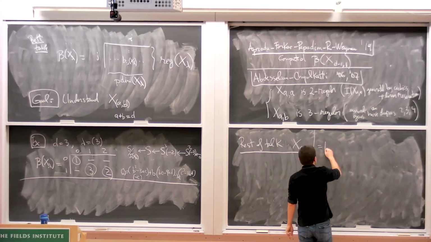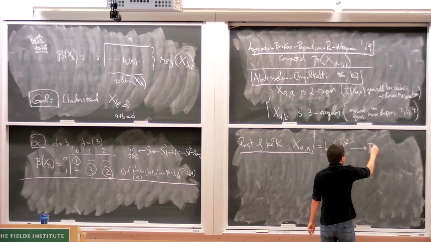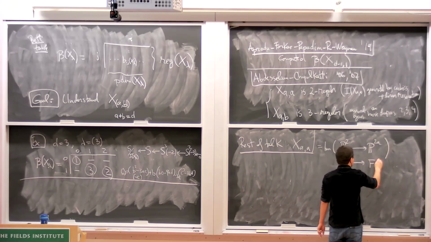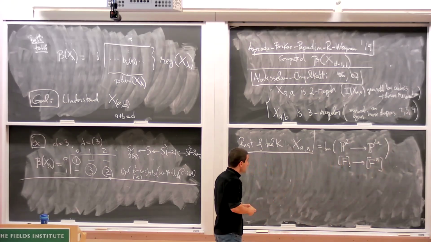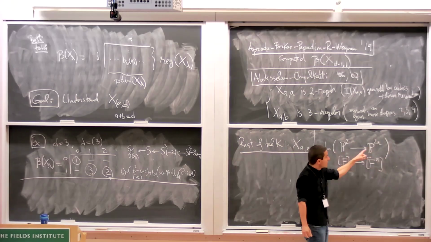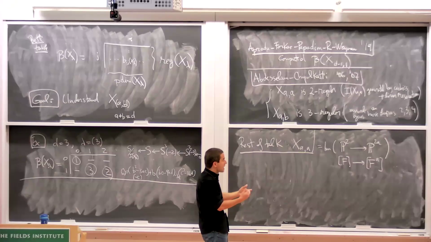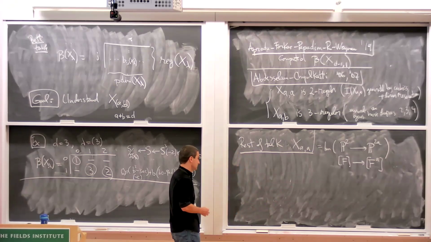It's the image of a map from P2 to P2A, which takes a quadratic F and raises it to the A-th power. So that's a parametrization. This map is just a linear projection of a Veronese surface, and it's actually an isomorphic projection. So the surface itself is just a copy of P2, but it's embedded by a non-complete linear series inside this big projective space.